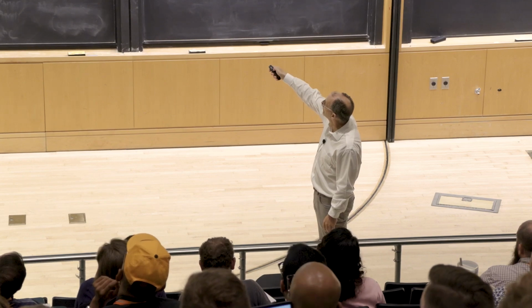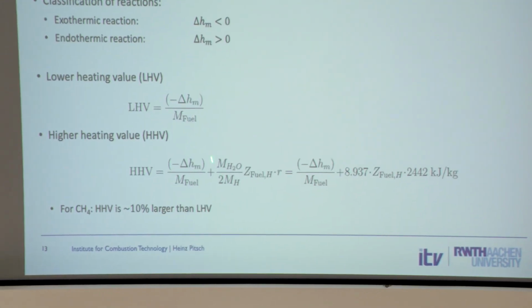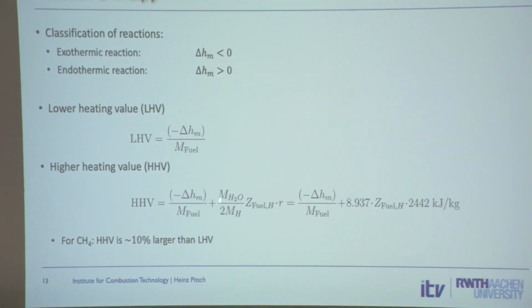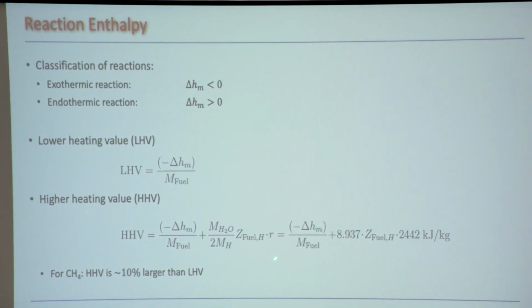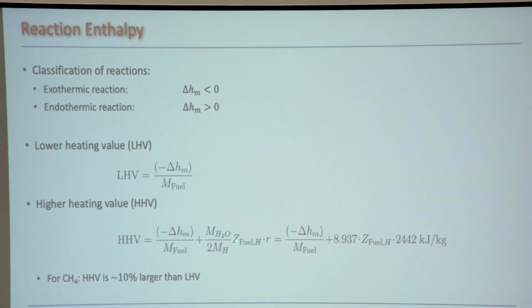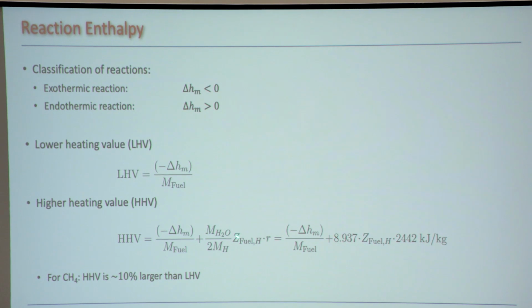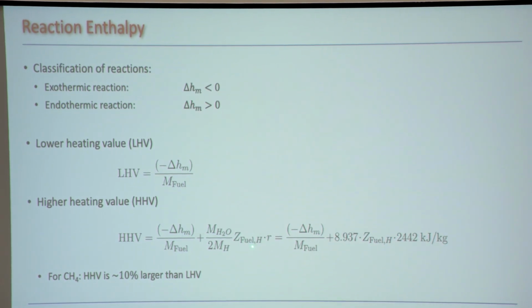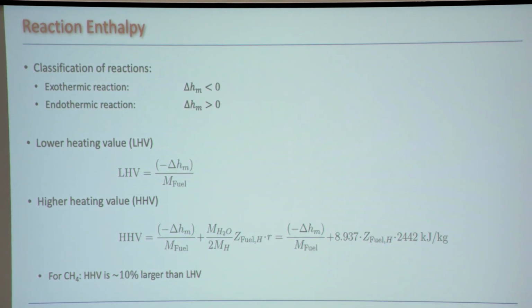And the upper heating value is just the lower heating value plus the latent heat of the water that is produced. And the water produced, again, you can look at the element mass fraction of hydrogen in the fuel, because the whole thing is per unit mass of fuel anyways.